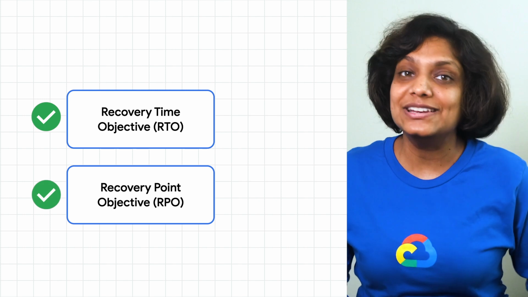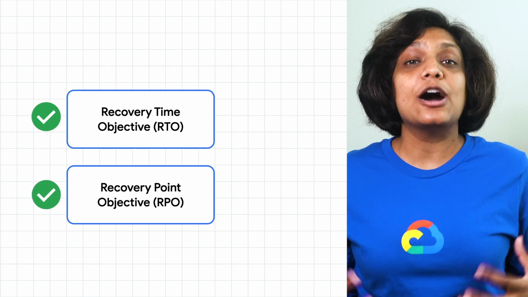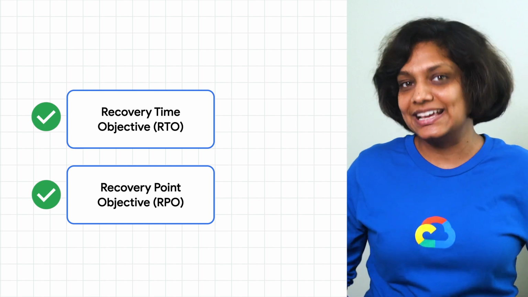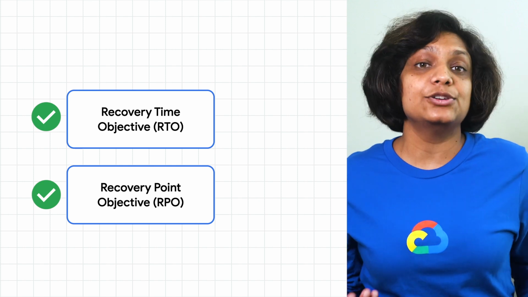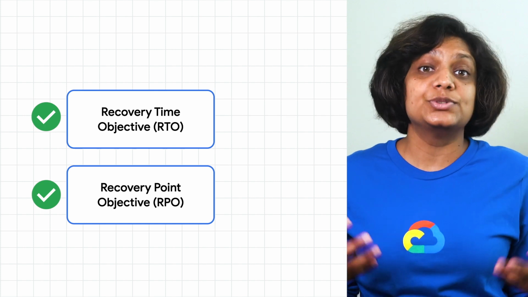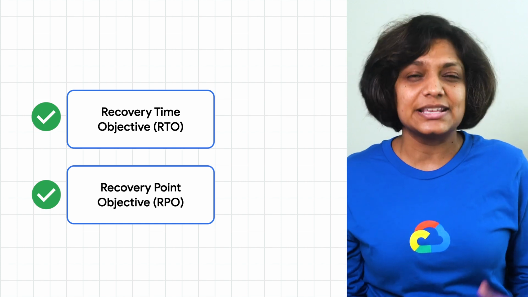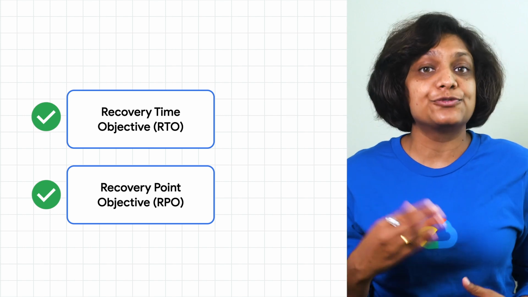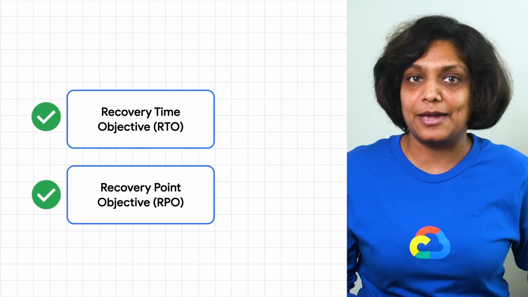RPO, or recovery point objective, is the tolerance of how much data can be lost before critically impacting your business. It helps to consider modernizing your existing applications to cloud native architecture. This will help you deliver uninterrupted services at an optimal cost. With Anthos, you can easily set SLOs for your services and monitor them.